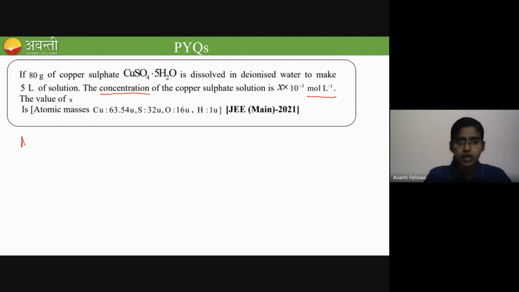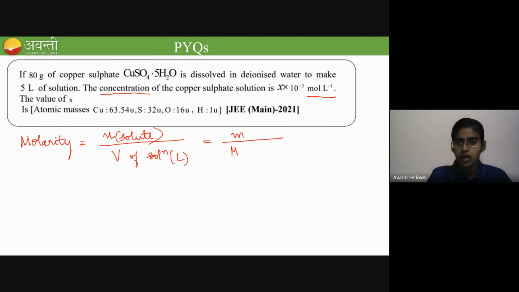So what is molarity? Molarity is equal to number of moles of solute divided by volume of the solution in liter. Number of moles can again be calculated by mass by molar mass, divided by the volume of solution in liter. So what is the given mass of the substance? The given mass of copper sulfate is 80 gram.